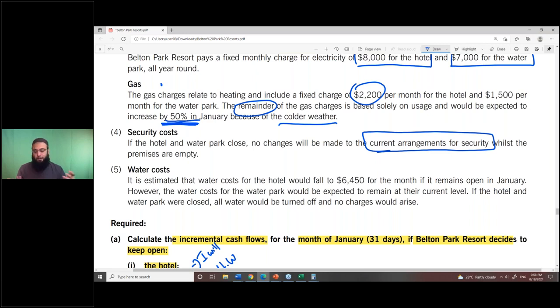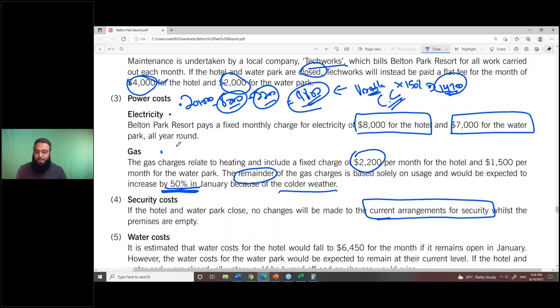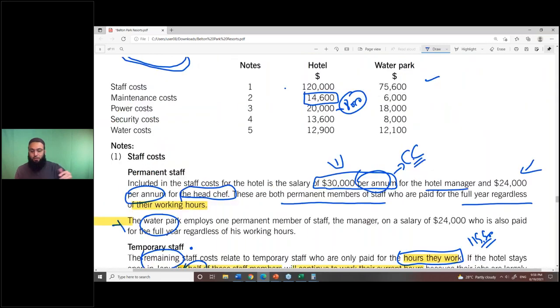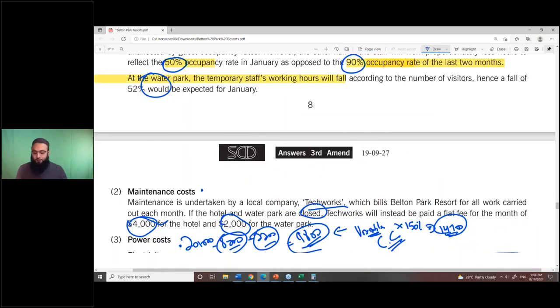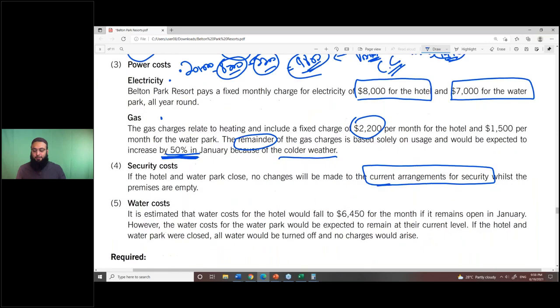It says that no changes will be made to the current arrangement of security while premises are empty, which means that your security cost is 13,600. Is this cost relevant or irrelevant for you people? What do you think? So this 13,600 is, come on, what's your answer? Irrelevant. Yes, it's irrelevant. Why?